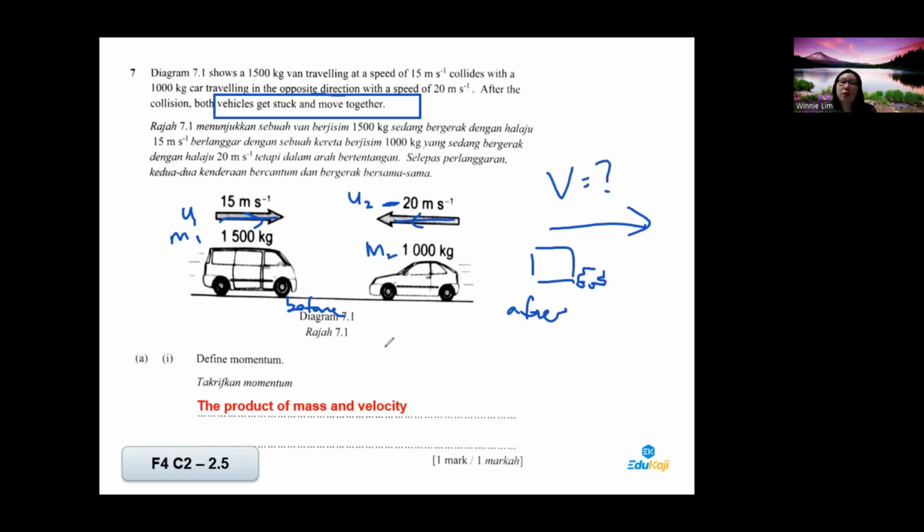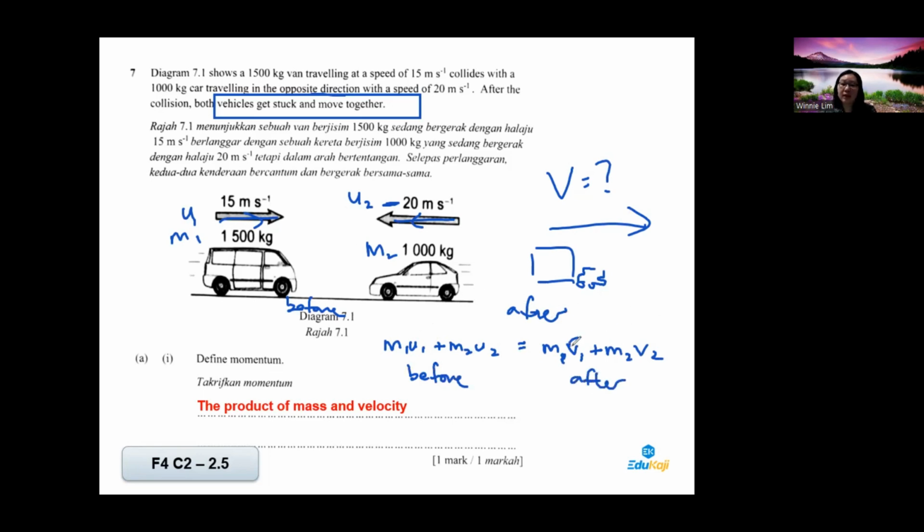So based on the principle of conservation of momentum, the general concept, you have total momentum M1U1 plus M2U2 before collision. This must be equal to total momentum after collision, M1V1 plus M2V2. So before must be the same as after, right?